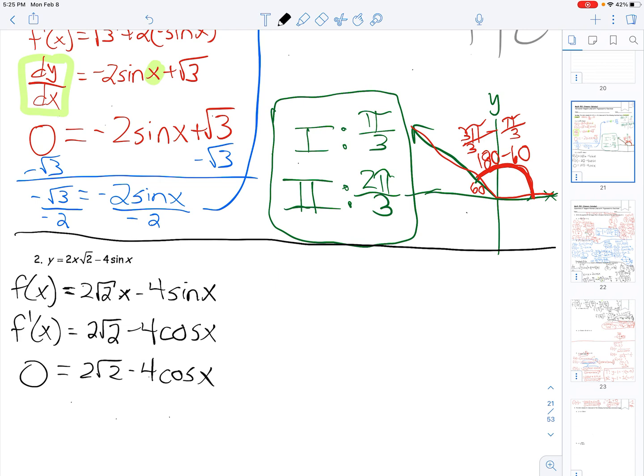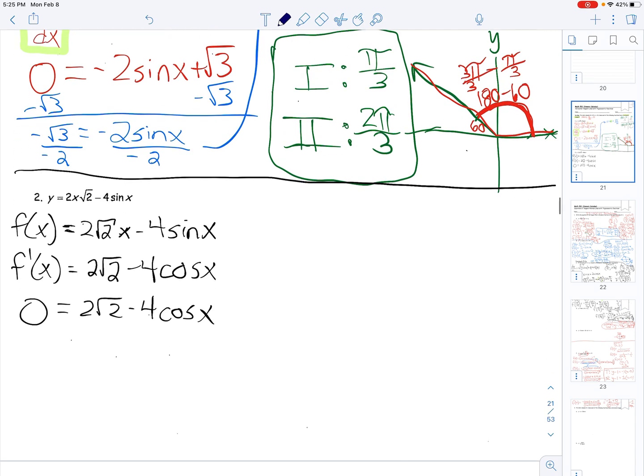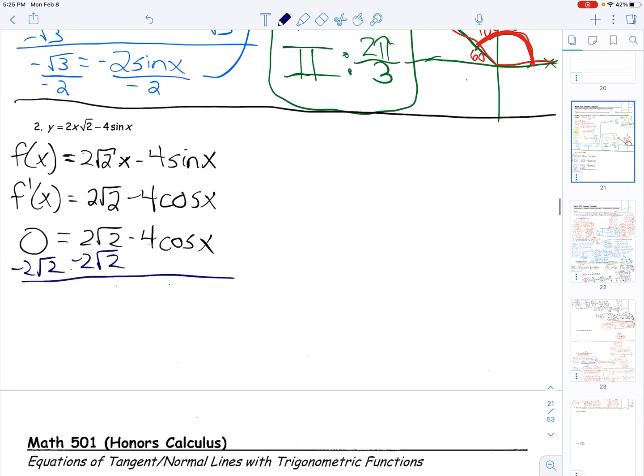Same deal here. We're looking to find a value for x that will produce a horizontal tangent, meaning the slope is 0. So set that equal to 0. We want the value for x. We're given the slope. The slope is 0. At what x do we get that slope of 0?